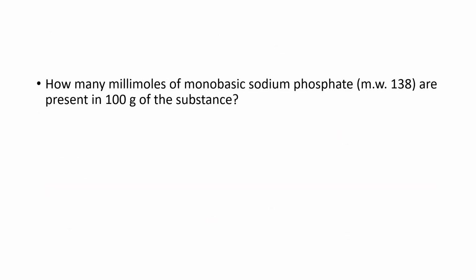Okay, so let's start. How many millimoles of monobasic sodium phosphate with a molecular weight of 138 is present in 100 grams of the substance? So let's take 100 grams to millimoles. What we can do is convert this into milligrams. 1 gram is 1000 milligrams, so 100 grams multiplied by 1000 is 1 million milligrams.